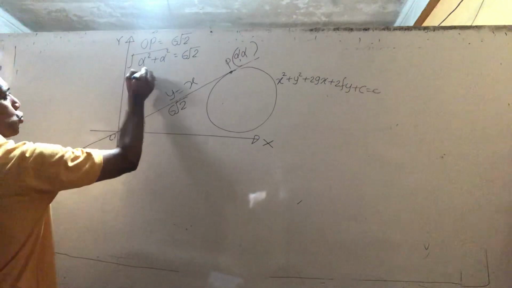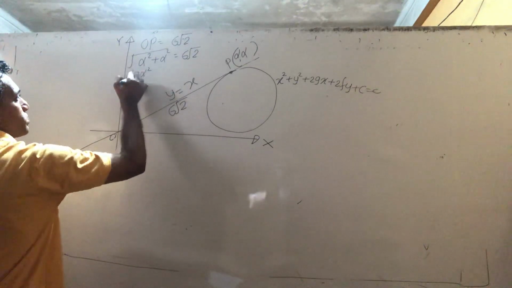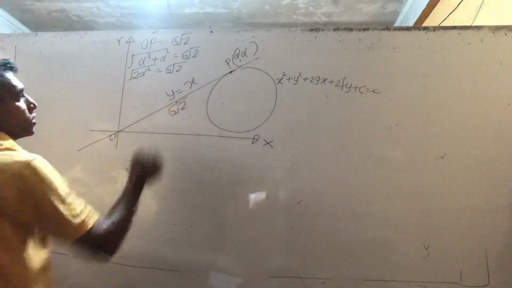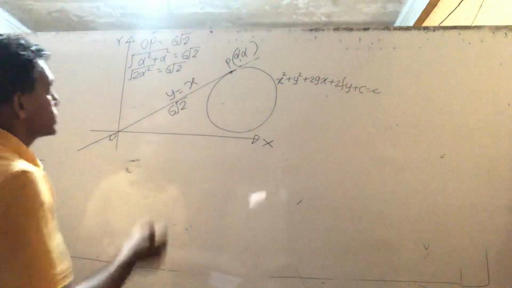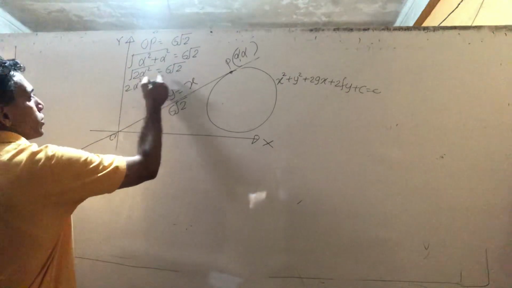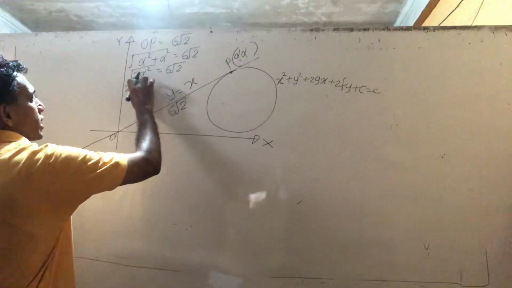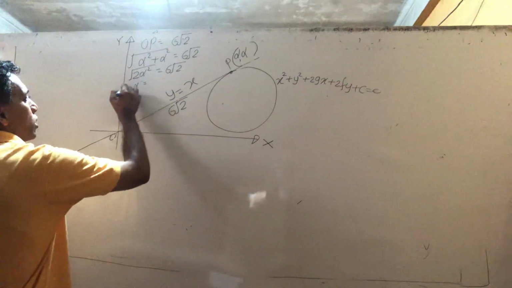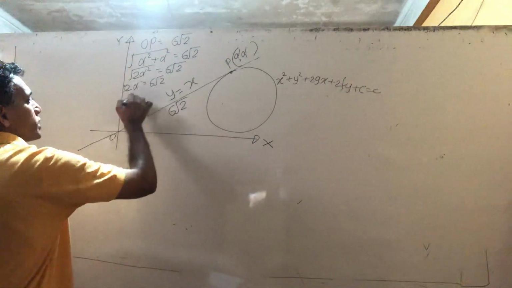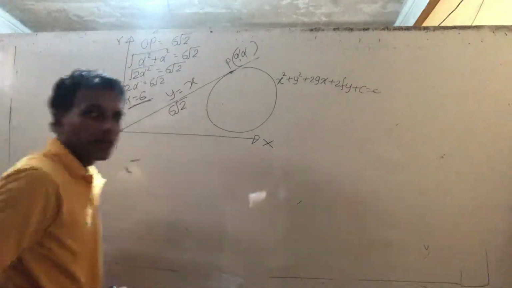That is 2 alpha squared equals 6 into root 2, so square both sides. So 2 alpha squared equals 72, alpha equals 6. That is the first point.